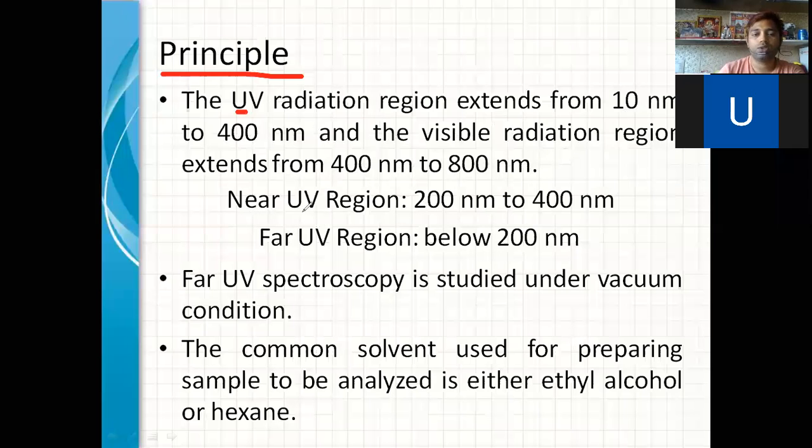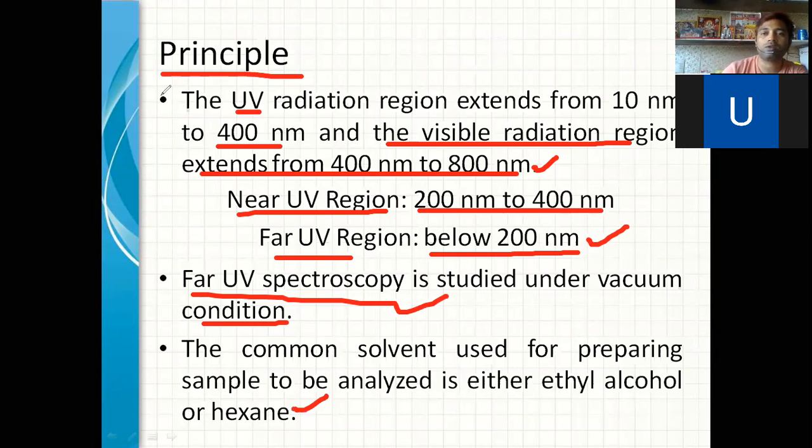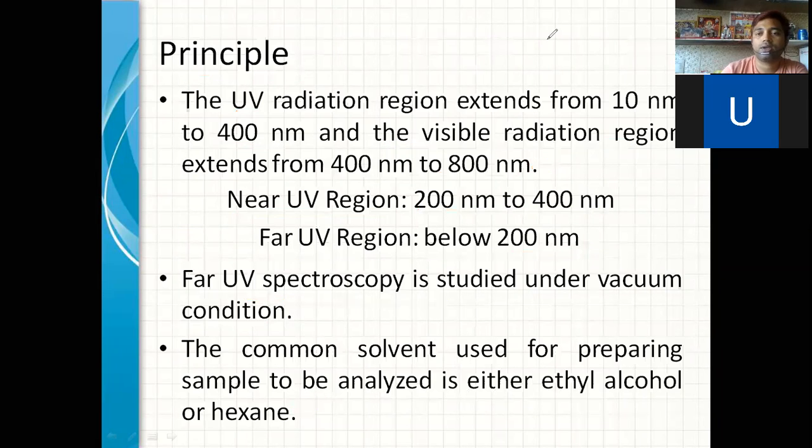Near UV region is 200 to 400 nanometer, and far UV region is below 200 nanometer. This we have already discussed. Far UV spectroscopy is studied under vacuum conditions; we are not concerned with this. The common solvent used for preparing the sample to be analyzed is either ethyl alcohol or hexane.